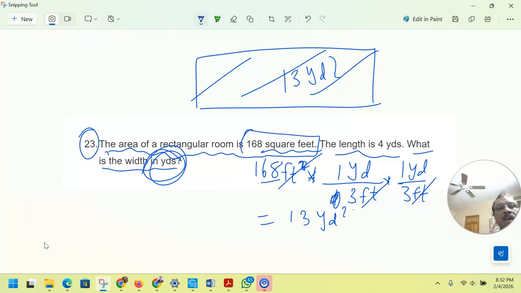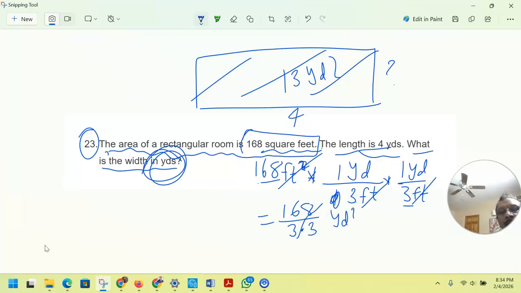But they already gave us the length, which is 4. So in this case, you get 3 and 3, so this is 168 divided by 3 times 3 yards square.